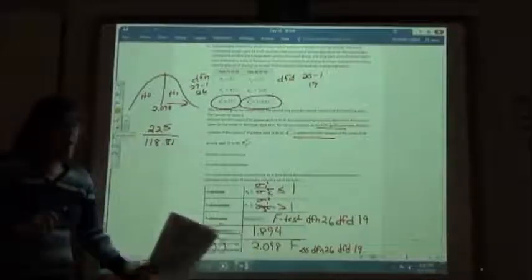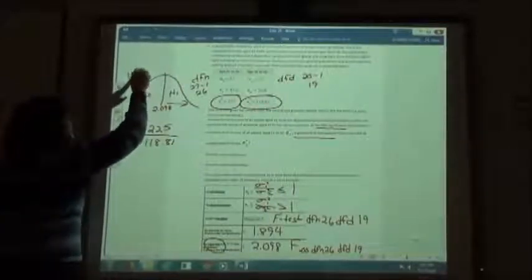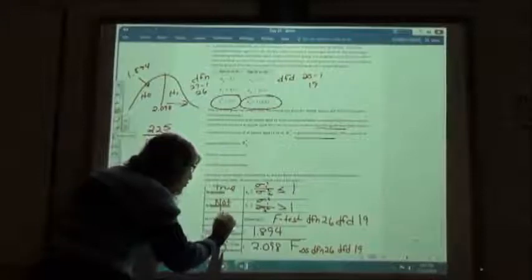Is that less or greater than the 2.098? It's less than. It's going to be over here on this side then, right? 1.894 is smaller than 2.098. That means that the null, the less than part, is true. This is my true. This one then would be not true.